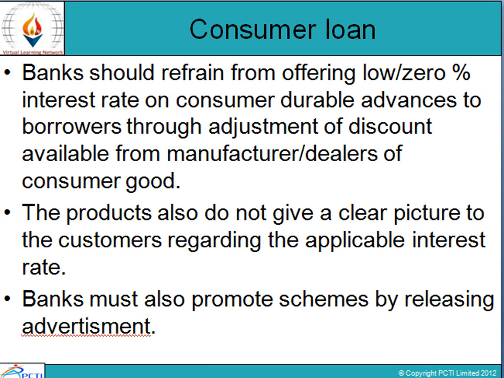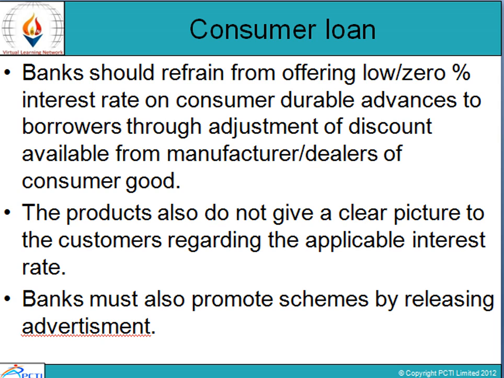The second is consumer loans. Consumer loans mean that banks should refrain from offering 0% interest rates on consumer durable advances to borrowers through adjustment of discounts available from manufacturers or dealers of goods.